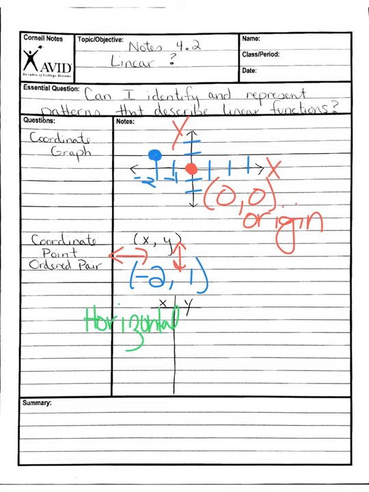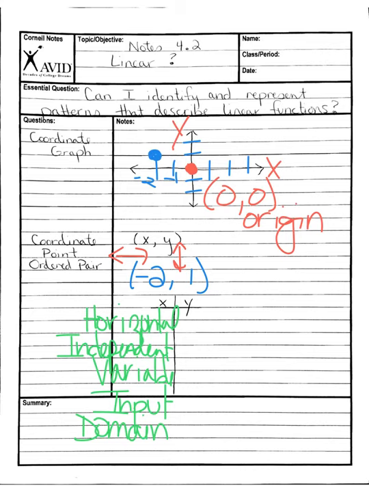Something else we can call the x is the independent variable. We can also call the x the input. It's got lots of names. And the x can also be called the domain. Those are all words that describe our x value.